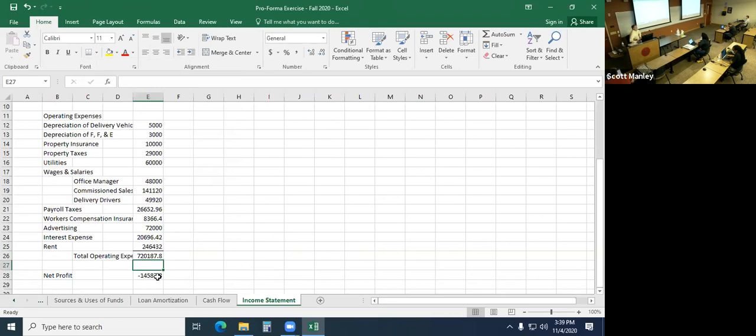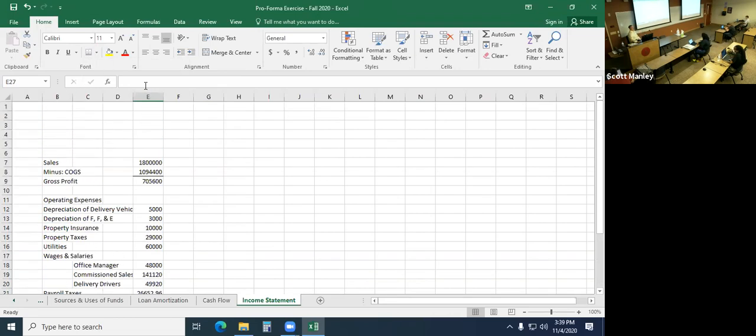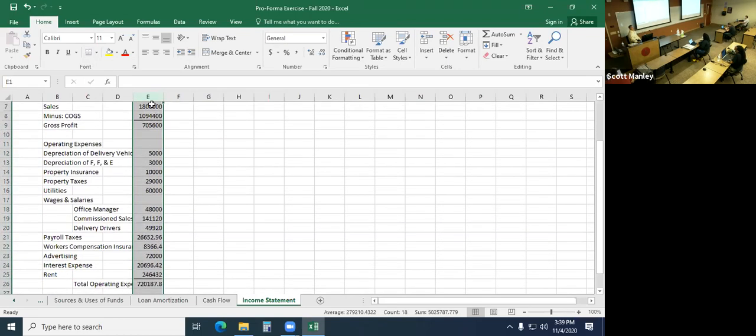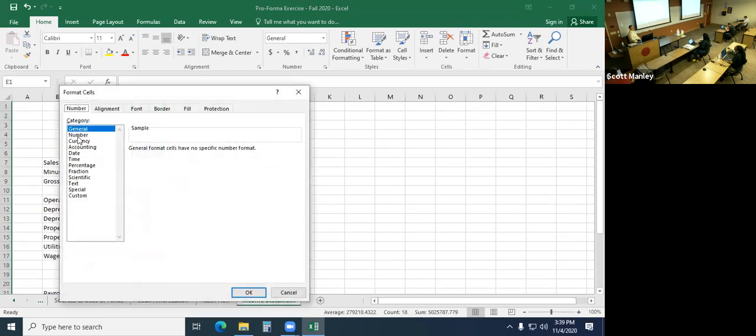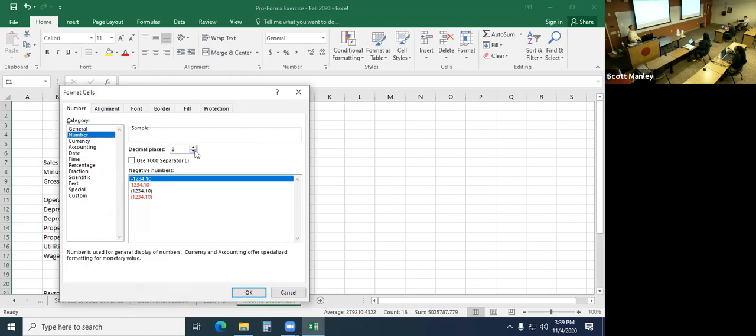One of the things I want to start talking to you about right now is no dollar signs, no decimals, put in the thousands separator, okay? So just right now, go in there, select your data fields, format those cells. You want number format, 0 decimal places, use the thousands separator, okay?